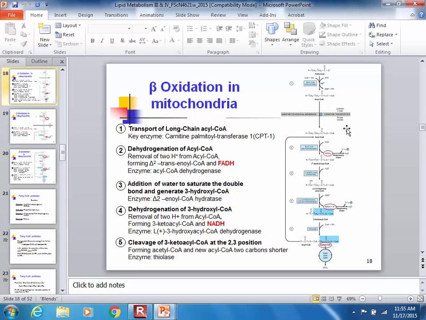And in the diabetic condition, we have a lot of fatty acids in the circulation, so the triglyceride is also from the circulation.